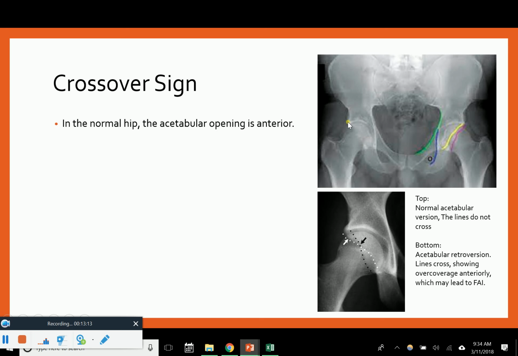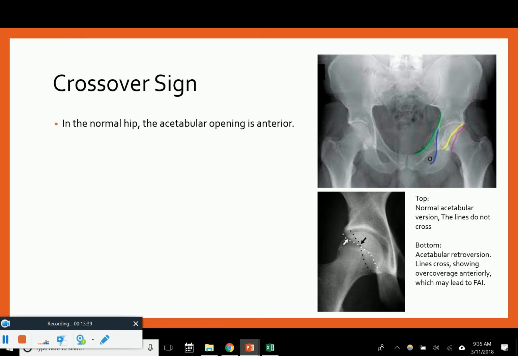What we want to look at here is, and this might be a good time when you're studying to take a model of the pelvis and examine it. When you look at the pelvis straight on, you can see the acetabular rim, and the rim and the acetabulum should face inferior, anterior, and lateral.